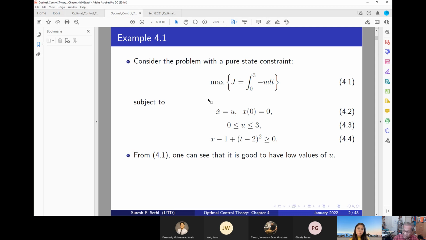You see the difficulty here? The difficulty is one level removed. I cannot manage u by itself using a constraint on u. I have to manage x by regulating x dot. And x dot is given in terms of u, so I have to manipulate u to manipulate x dot to keep x in line.